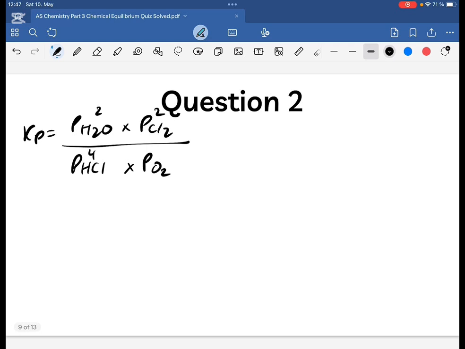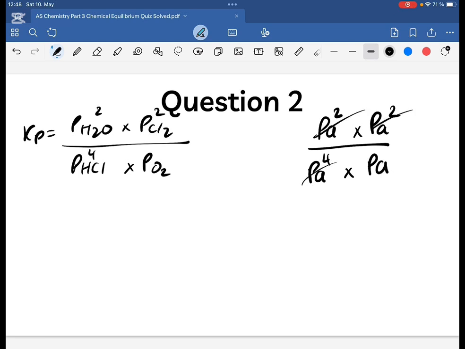Now let's first determine the unit for Kp that we are going to use. If H2O is Pascal squared and the Cl2 is Pascal squared, and then for HCl it's going to be Pascal to the power of 4, and for the O2 it's going to be Pascal. So therefore we're going to end with a unit that is Pascal to the power of -1. Now let's find the pressure for each gas.